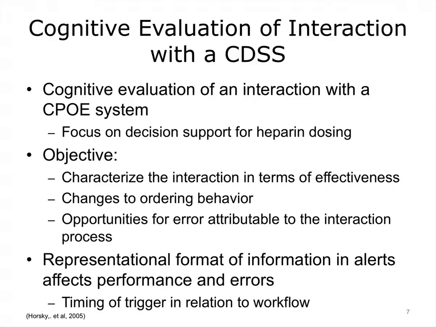The example described in the publication involves decision support for heparin dosing, a medication that is used to reduce blood clotting, an anticoagulant. The dose is based on a calculation of the patient's weight.